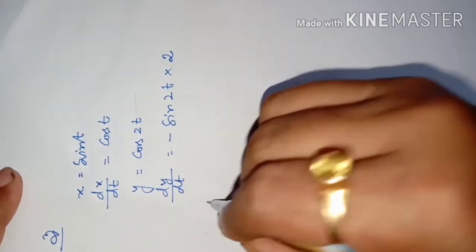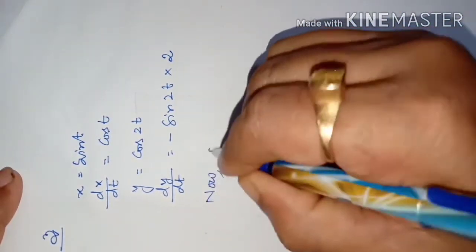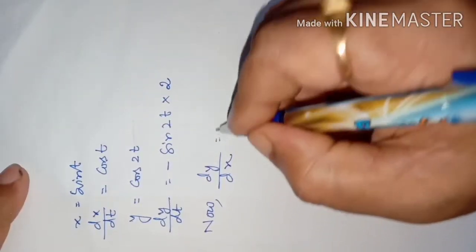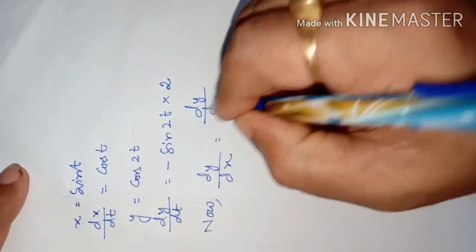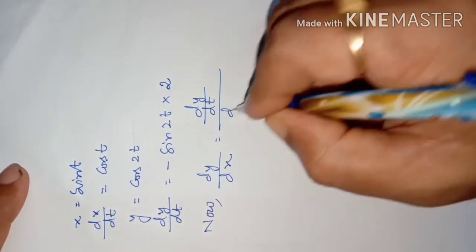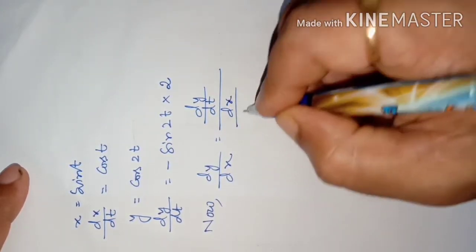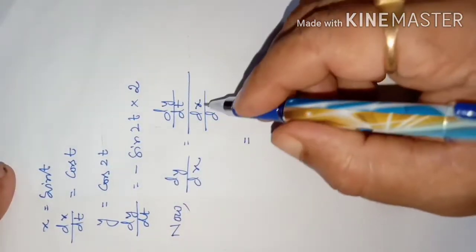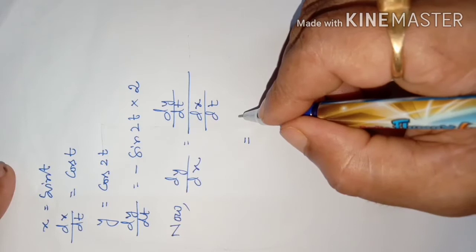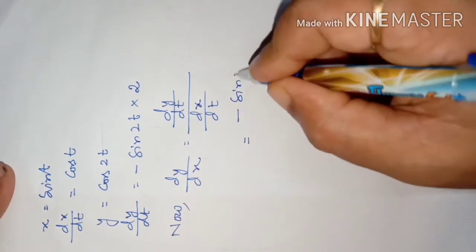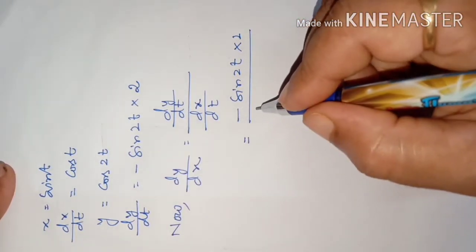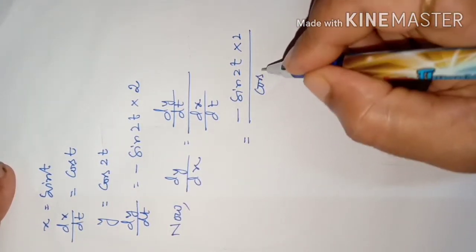So now we write dy by dx, that is equal to dy by dt divided by dx by dt. dy by dx is equal to minus sin 2t into 2 divided by dx by dt, which is cos t.